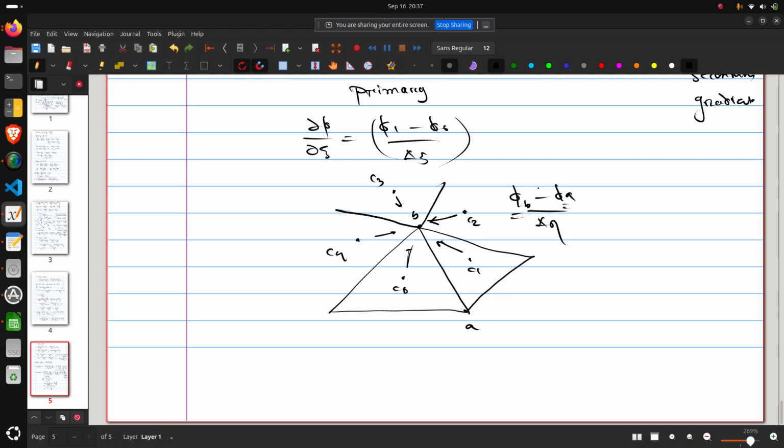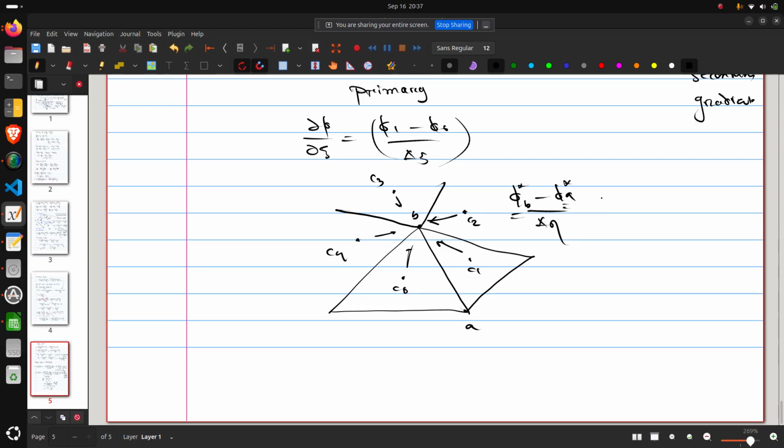Because in a particular time step, if you are using an implicit solver where you do not have the values of the cell centers at the current time, you will have to take the values at the previous time, right? So what we do is that we take the star values or the previous time step values and compute the secondary gradient.